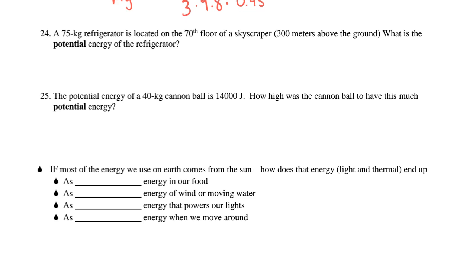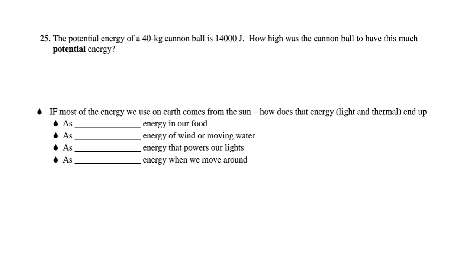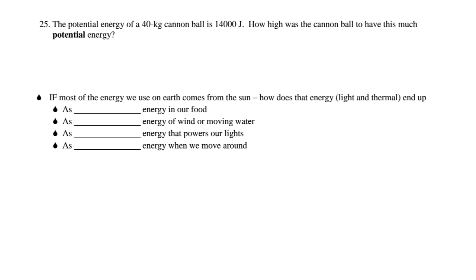We've got another one about a refrigerator. We'll use mgh again, and then another one where we have to solve it backwards. So this one's worth doing. Here we go. We know that potential energy equals mgh. This time we're told the mass is 40. We know gravity is 9.8.